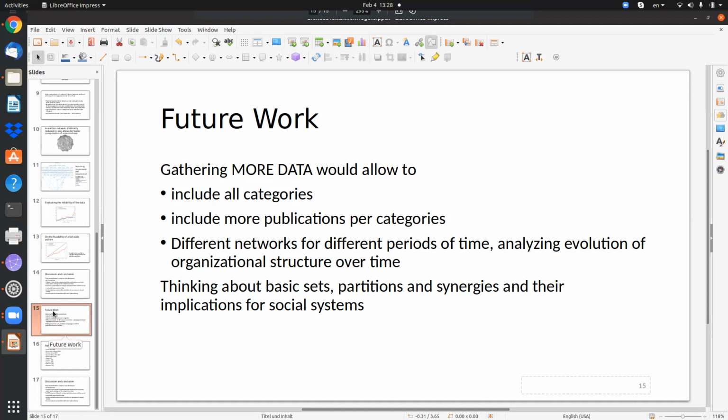So we could save time there and have really fast data. And something that may be interesting is the role of basic sets and synergy, especially, and what their implications for social systems might be.